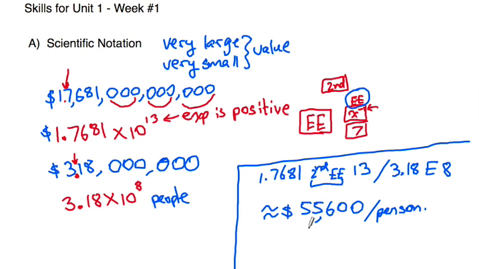That's more than a year's salary for most people. The median salary in the United States is about $54,000. So this would be more money per person than people make per year. Kind of scary. So that's scientific notation going on the big side.